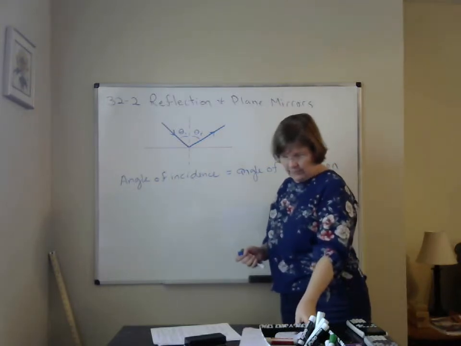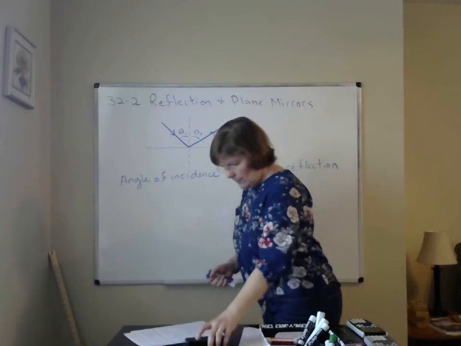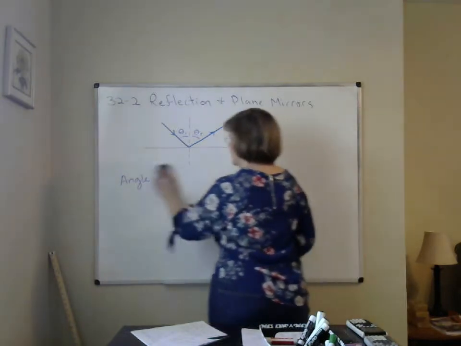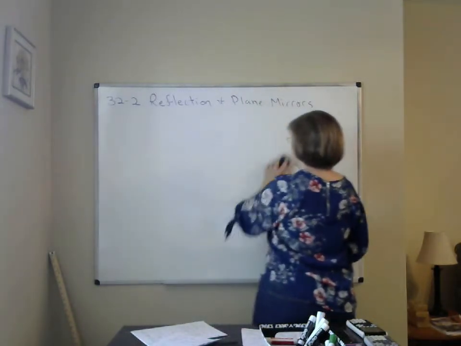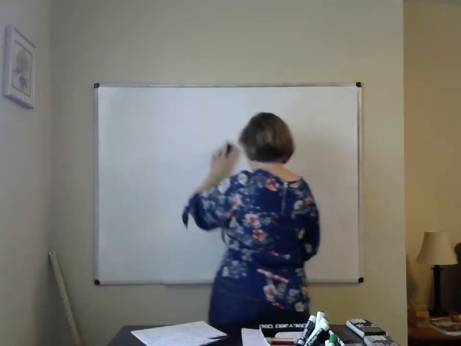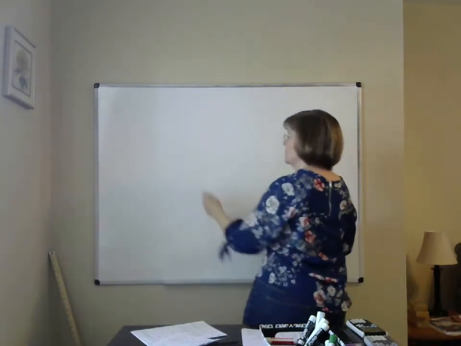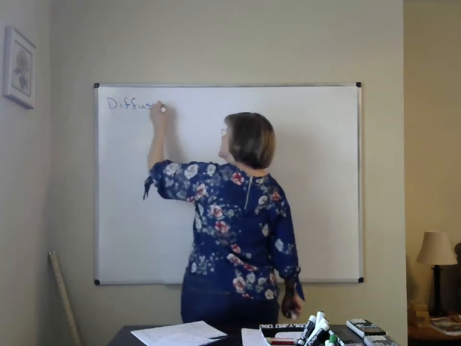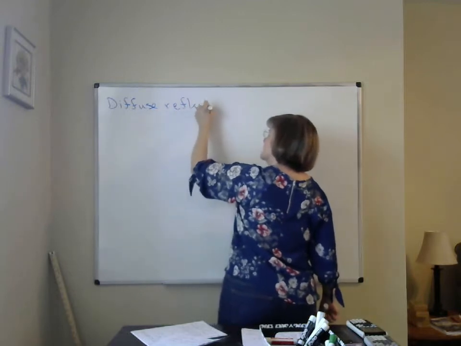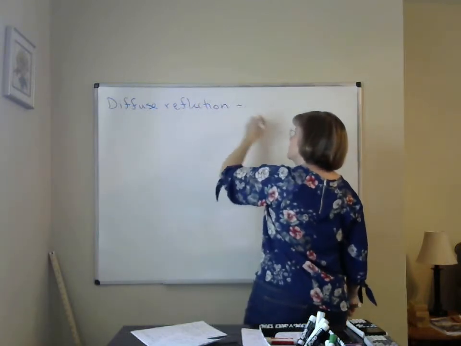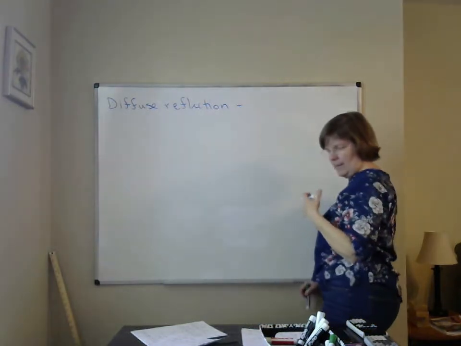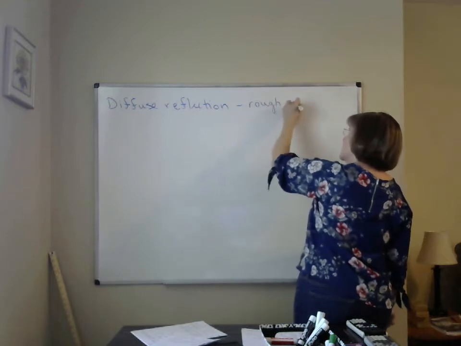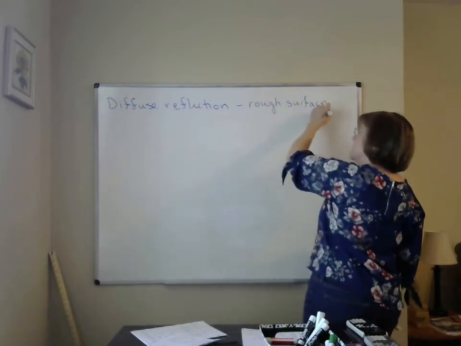Now, when that light is reflected, there's really two types of reflection that can happen. The most common is something called diffuse reflection. In diffuse reflection, we generally have something that has a rough surface, and it might not seem rough.